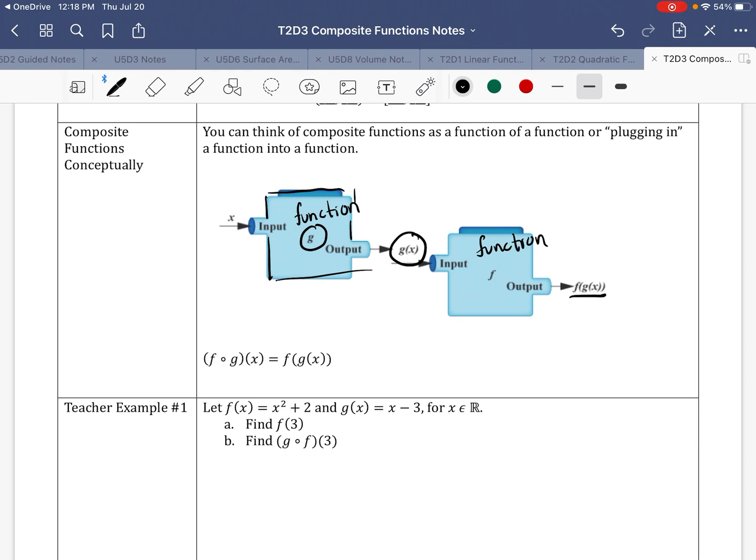And it gives us f of g of x, right? And this is saying that the input for function f was another function, g of x. What's important is we have this dot notation right here. And what you should know is this f of g of x is equivalent to saying f parentheses g of x, right? So the inside function, the g of x, is going into our f of x function.